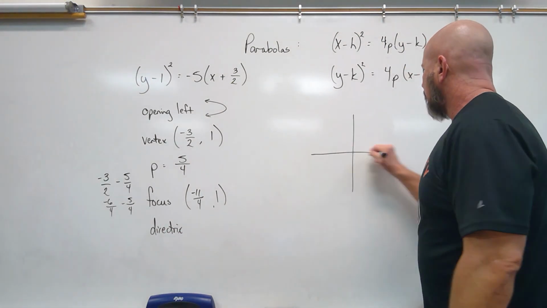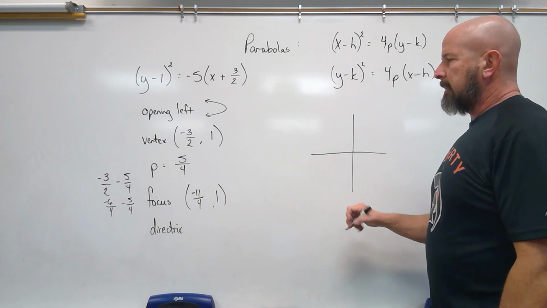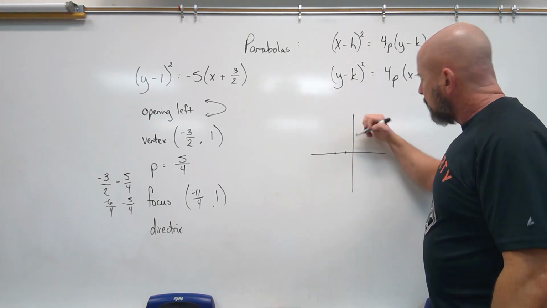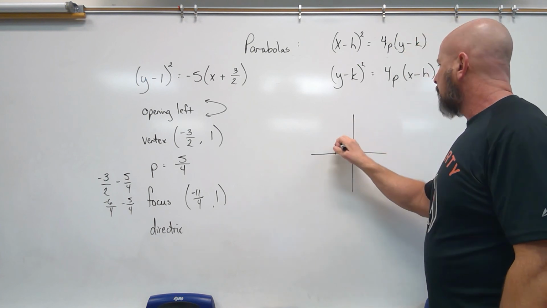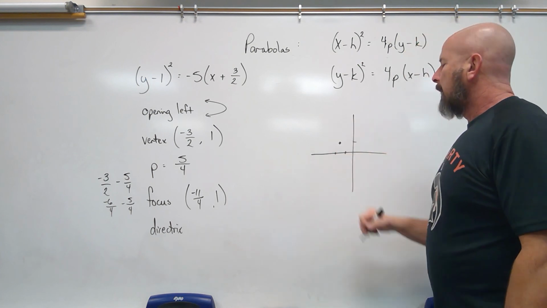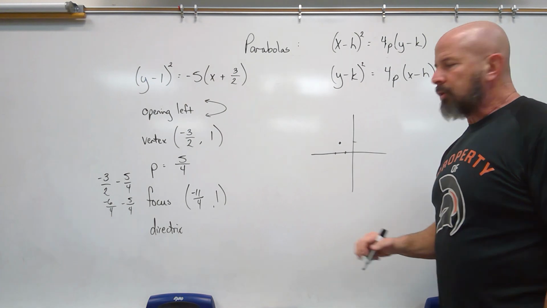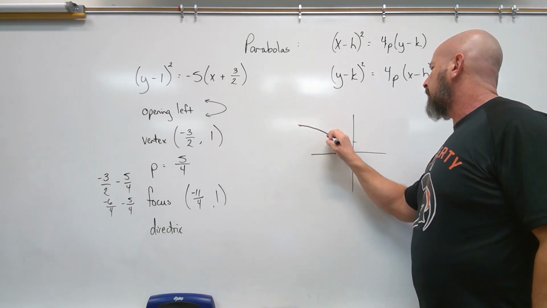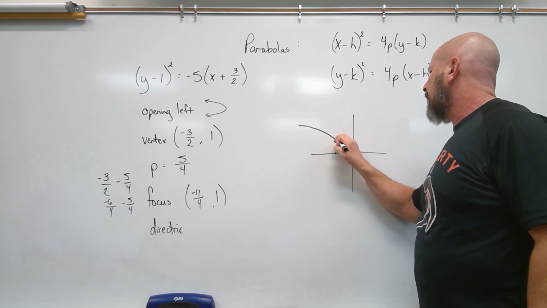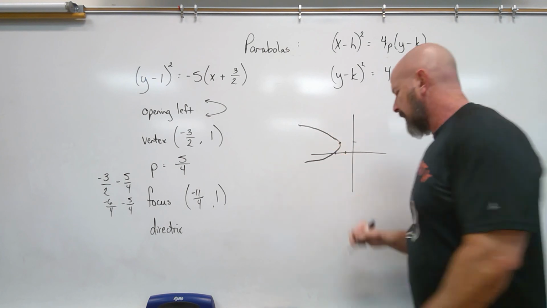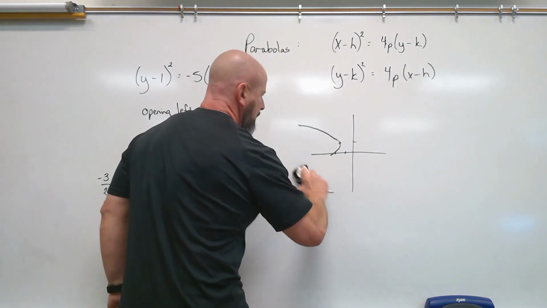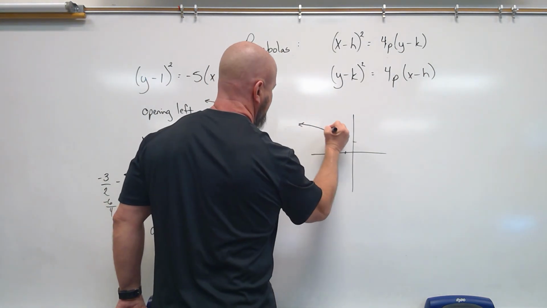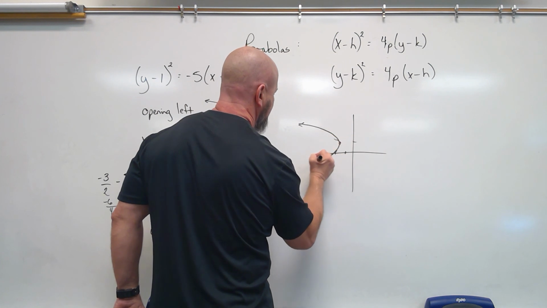So my vertex, negative 3/2, 1, will put me right here. And what I know is my general shape is going to come around, and it's not going to be the most perfect parabola, but it's got to be coming around something like that. I did a pretty bad job of graphing there, but you get the idea. I've just got a parabola coming around here.